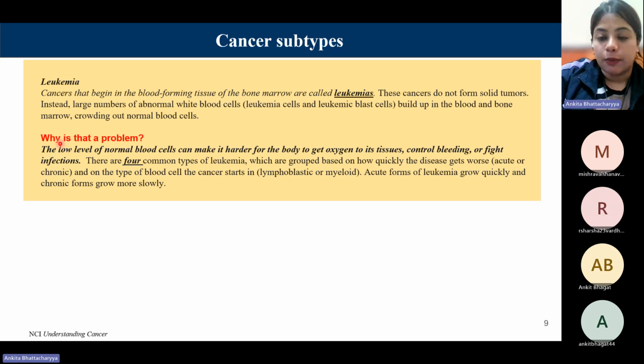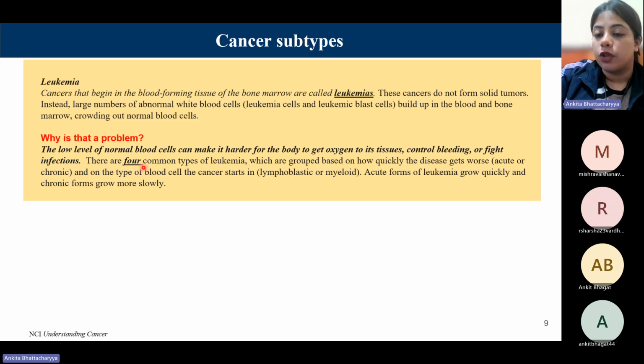So, like we just discussed, if there's an increase in the WBCs, why is that a problem? That is because the low level of normal blood cells within an individual's body can make it much harder for the body to get oxygen to its tissues, to control bleeding, or to fight infections.